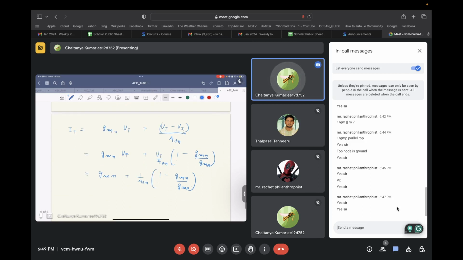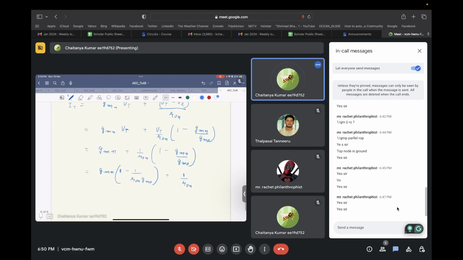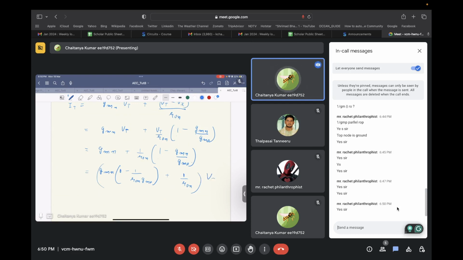So if you rearrange it, what you get is Gmn times 1 minus 1 by Ron times Gmp plus 1 by Ron. This is correct. This times Vt is equal to It.